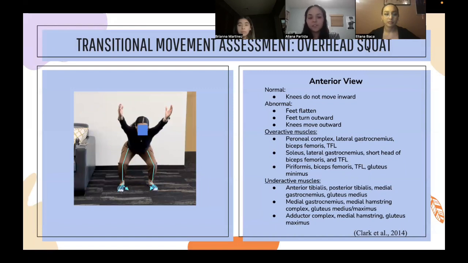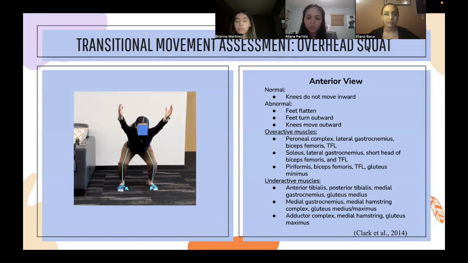And for the feet turning outward, the overactive muscles which are listed mainly involve plantar flexion as well, knee flexion, and tibial external rotation. The knees moving outward, those overactive muscles listed primarily focus on hip external rotation and abduction and tibial external rotation, which is what causes the knees moving outward.